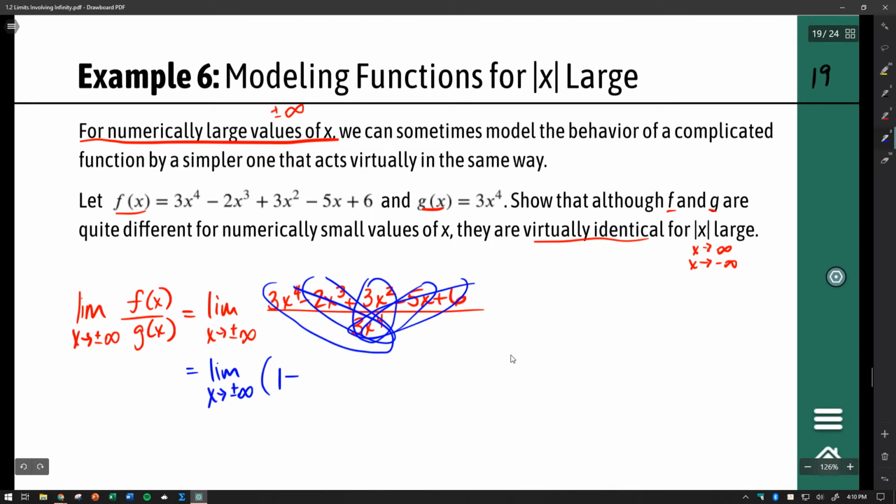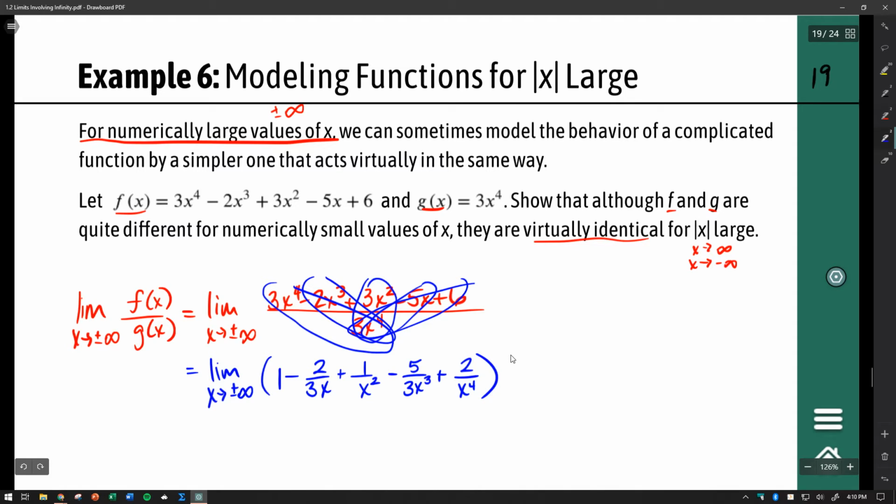And then 2x to the third over 3x to the fourth simplifies to 2 over 3x. And then 3x squared over 3x to the fourth simplifies to 1 over x squared. And then 5x over 3x to the fourth simplifies to minus 5 over 3x cubed. And finally, 6 over 3x to the fourth simplifies to 2 over x to the fourth.